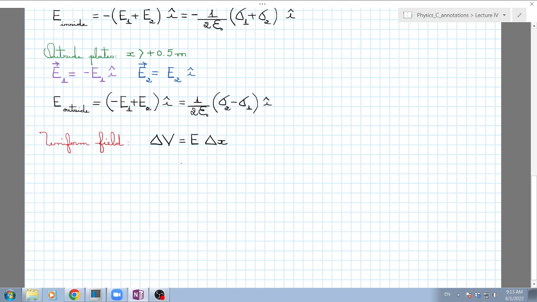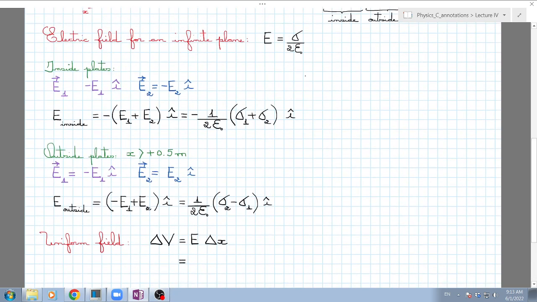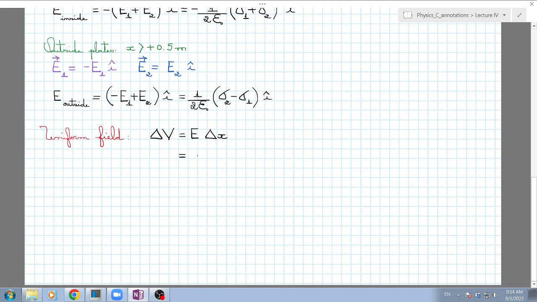So we can actually now superpose all this, right? You can superpose this part here for the inside, this one from the outside. So you are going to have here the electric field times the distance, right?